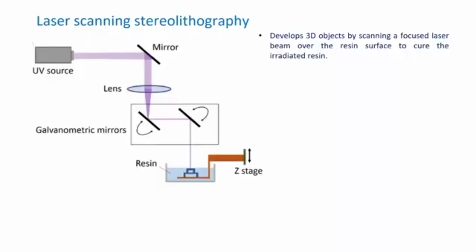In this lecture we will continue our discussion on stereolithography and its variants, and then we will see the applications of these techniques as well. Let us begin our discussion on stereolithography in a little more detail. As I mentioned, we have seen laser scanning stereolithography and its principle of operation.